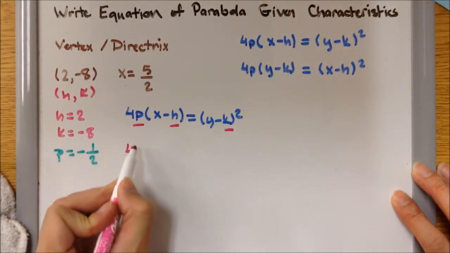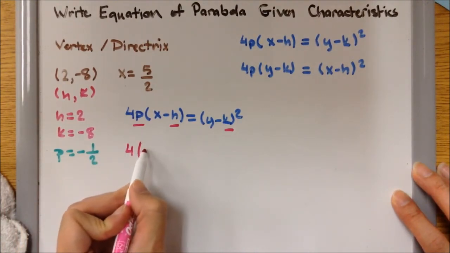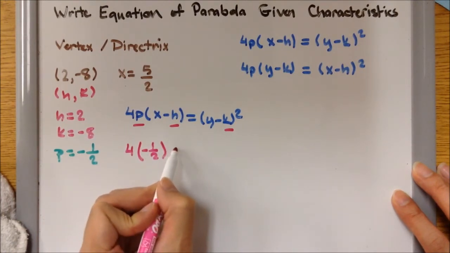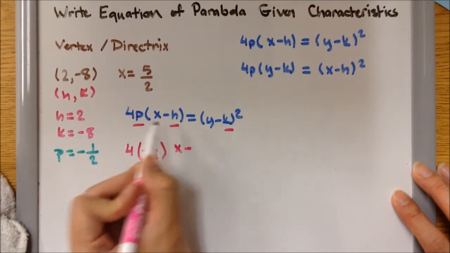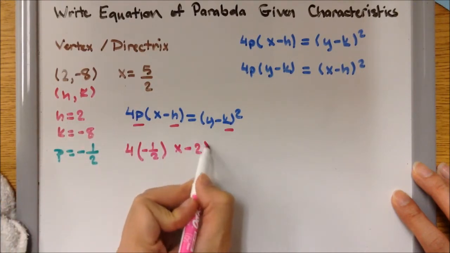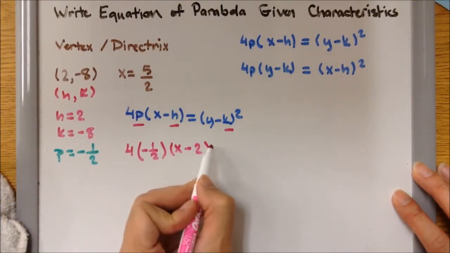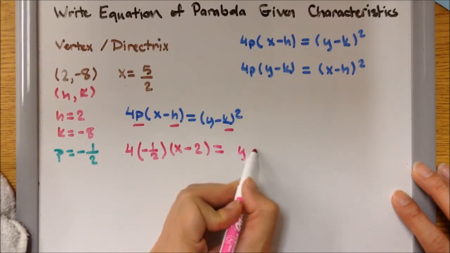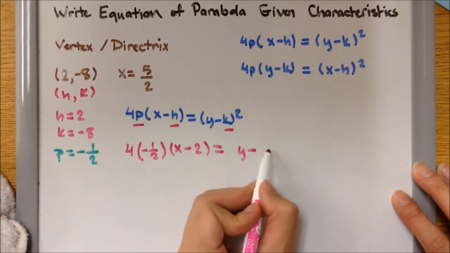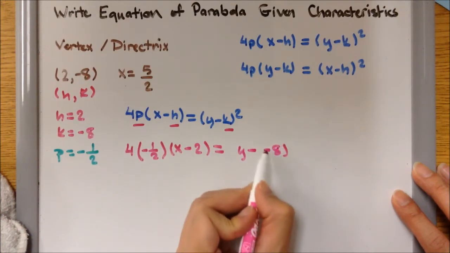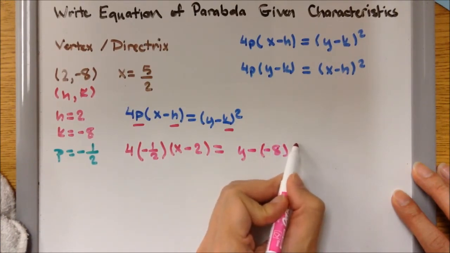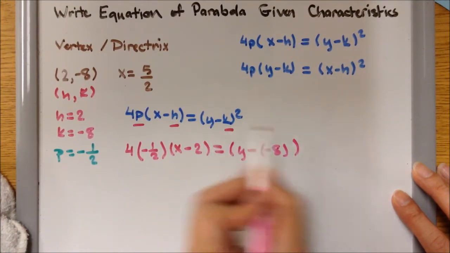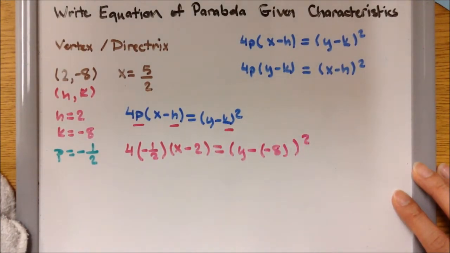So 4, parentheses on negative 1/2, and then another set of parentheses on the x minus h. My h value is 2, so I'm going to plug it in. And then it's going to be y minus, my k value is negative 8, so I'm going to plug in negative 8 with a set of parentheses on it, and then another set of parentheses for the y minus k, and then square.